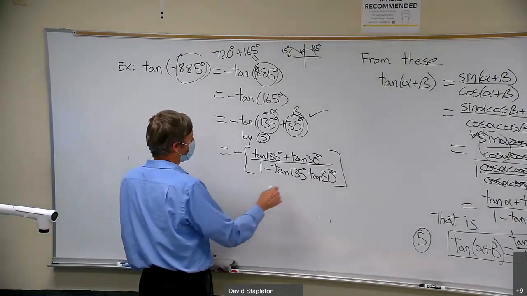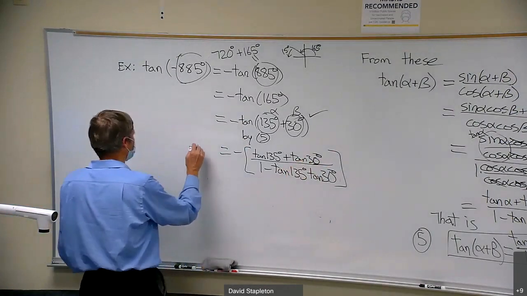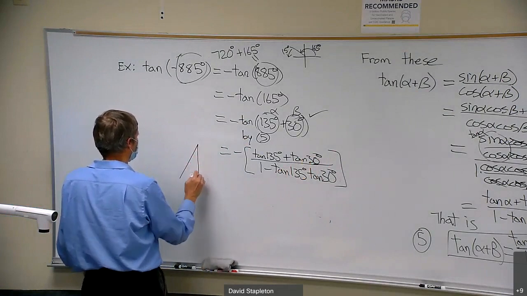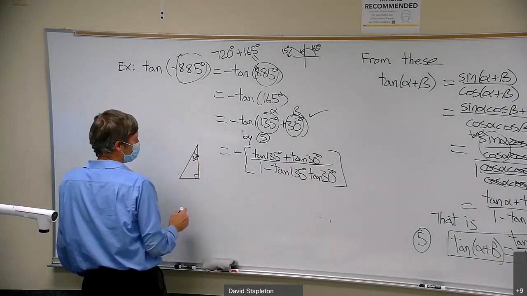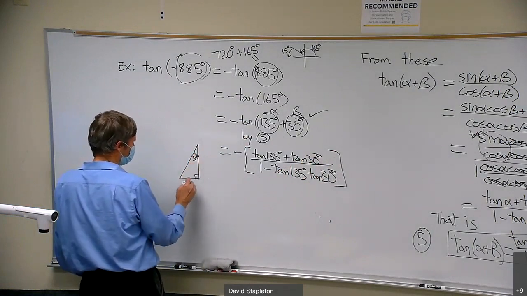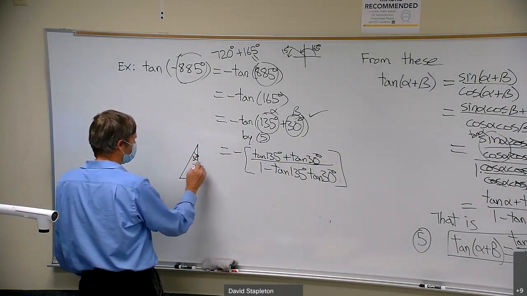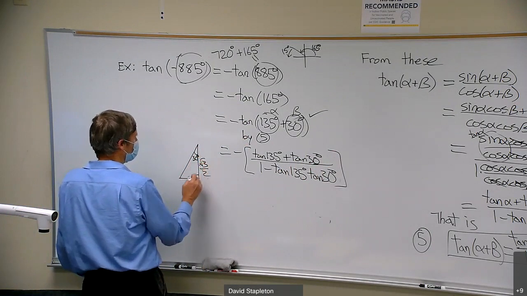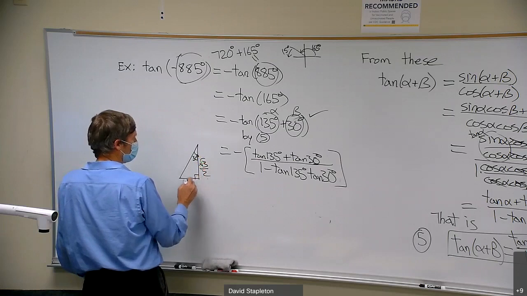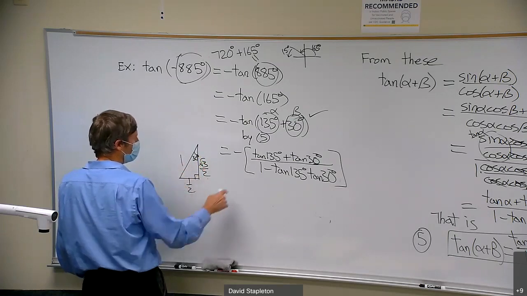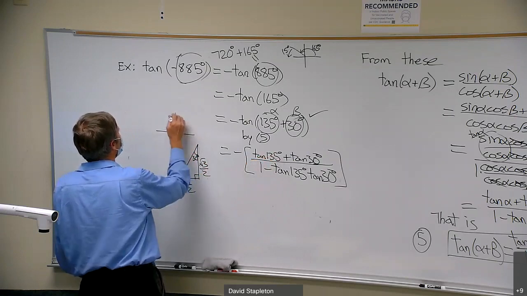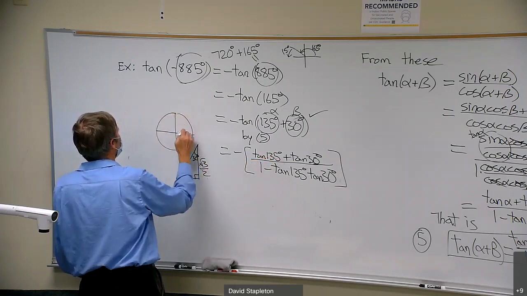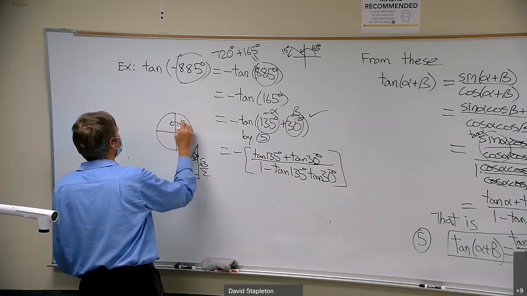Okay, now for the 30-degree angles, I can use the special triangle, 1/2, √3/2, and 1. But for the non-acute angles, I'll go to the unit circle. Measure 135 degrees.